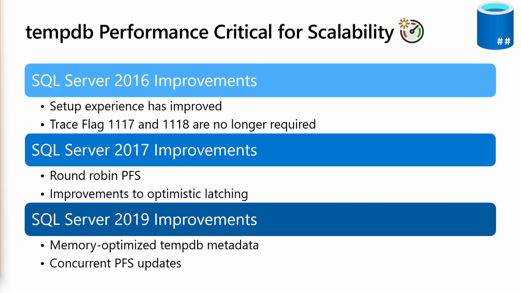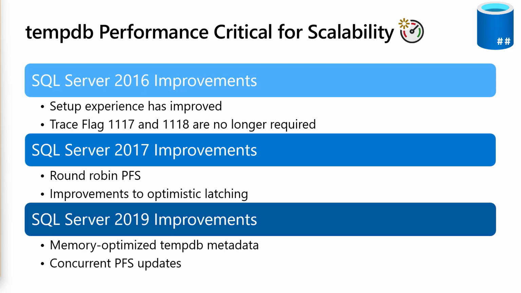In SQL Server 2017, we have some internal improvements with the round robin page free space usage. We introduced asynchronous metadata cleanup. We introduced optimistic latching. And also in SQL Server 2017, we increased the initial TempDB file size to allow 256 gigs per file and added the dynamic management view sys.dm_tran_version_store_space_usage to track version store usage per database.